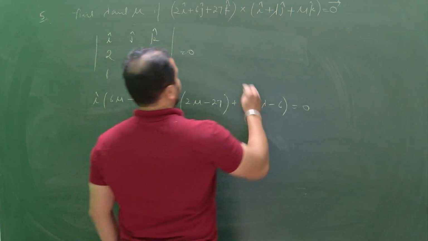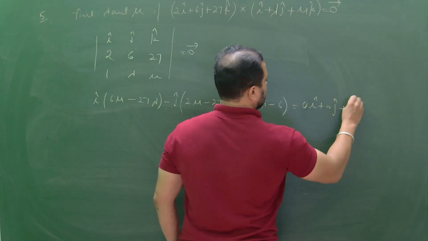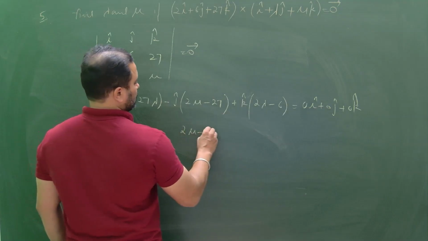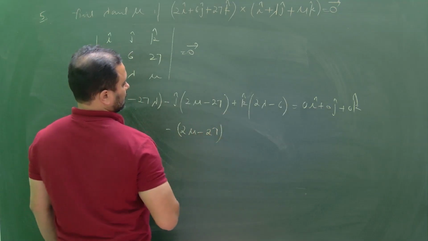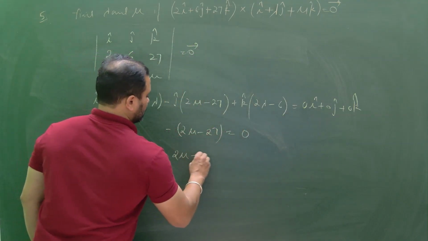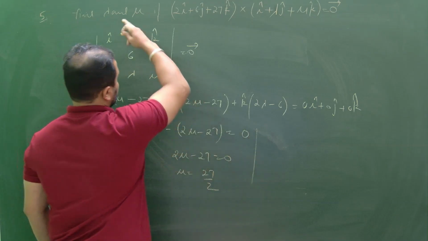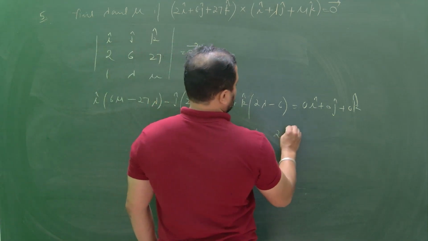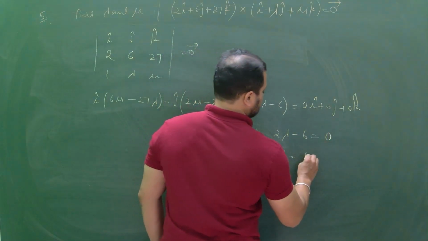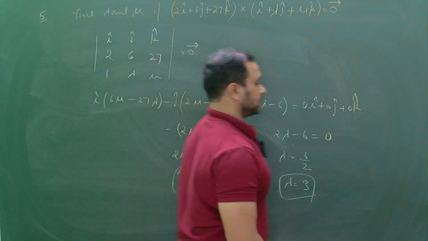Since 0 is a vector, write it as 0i, 0j, 0k and compare. From 2 mu minus 27 equals 0, the value of this one is 27/2. That was the first one asked. Equating the last one with the k component, 2 lambda minus 6 equals 0, so lambda is 6/2, that is 3. So these are the respective values for mu and lambda.